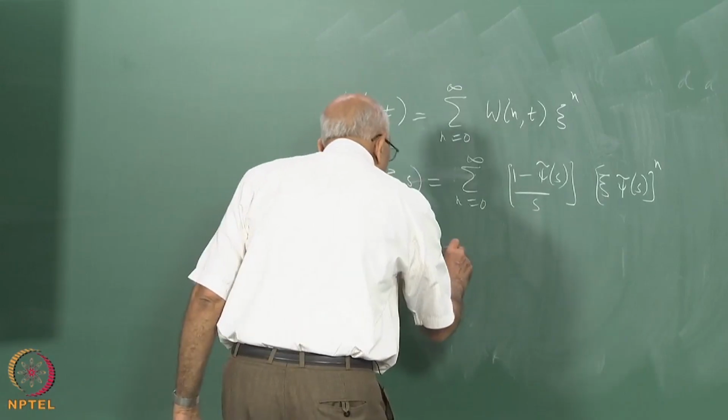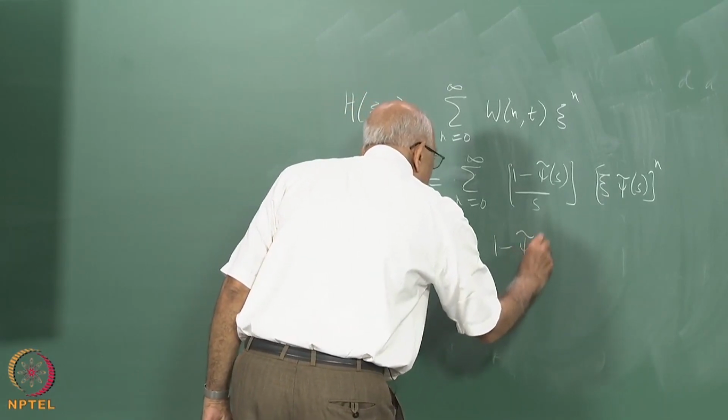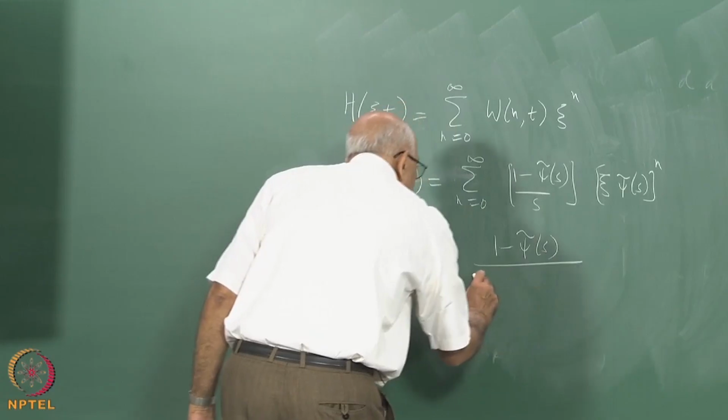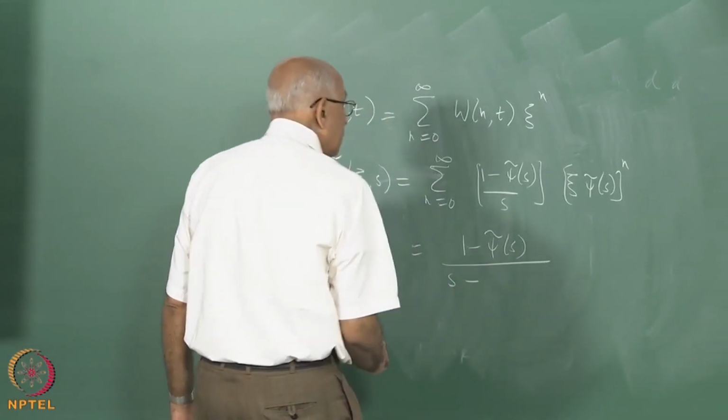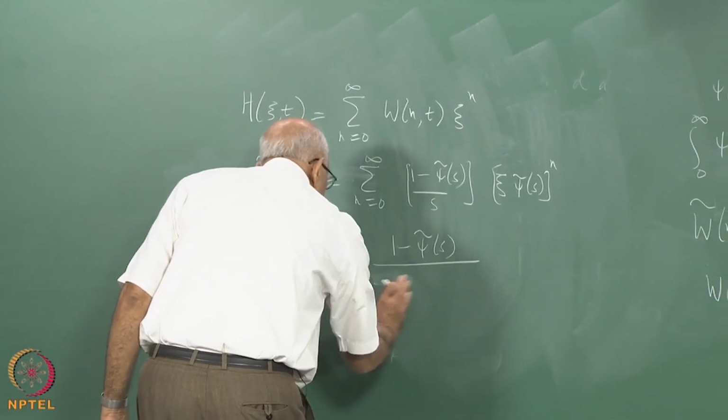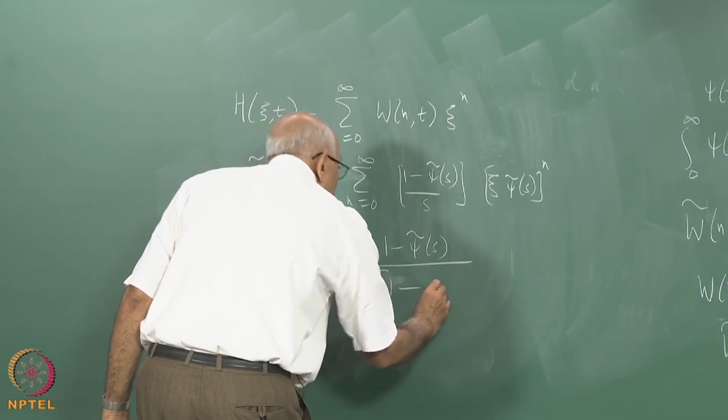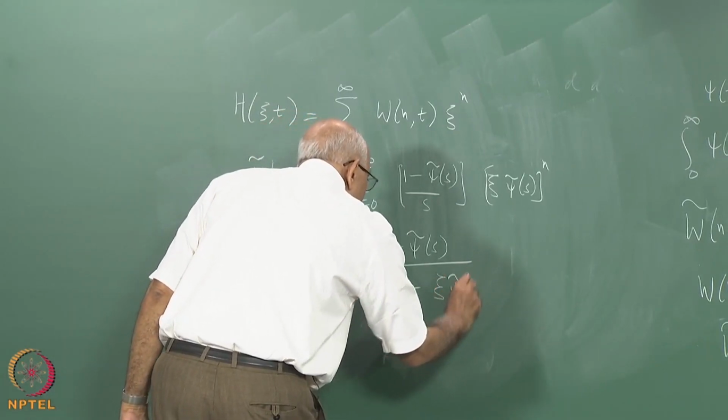So that is trivially summed, and this gives you 1 minus psi tilde of s divided by s times 1 minus xi times psi tilde of s.